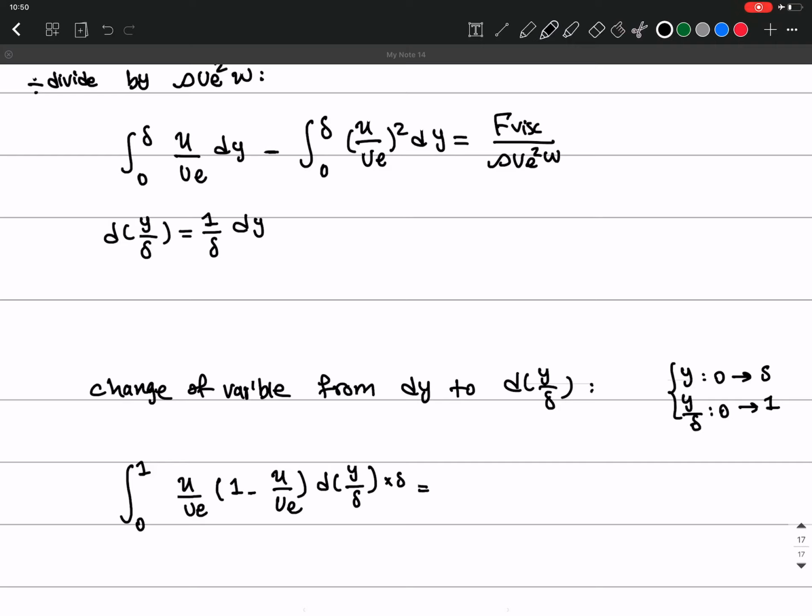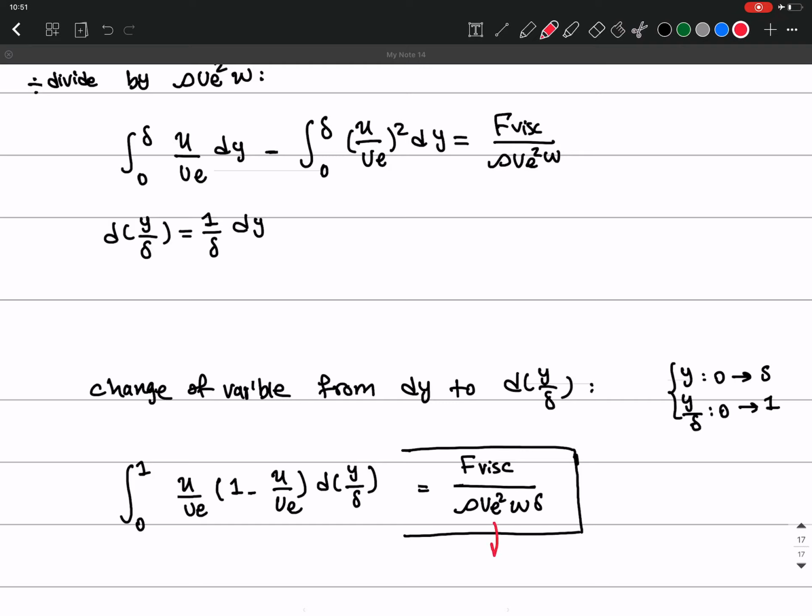This equals F viscosity over rho ue square W. And I just bring the delta over here, and I'm left with this equation. We have a relation for F viscosity.